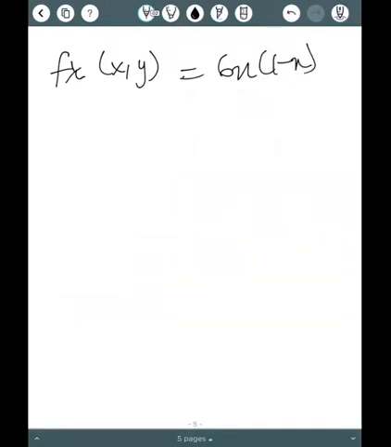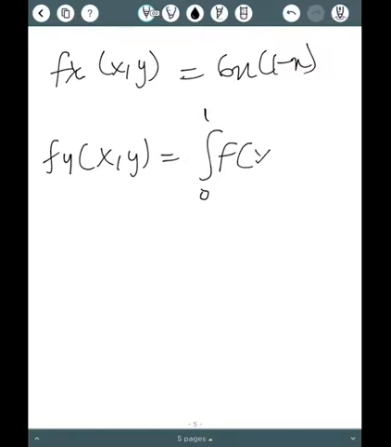Then likewise हमने marginal distribution of y निकालना है, तो उसमें बस ये फर्क होगा कि because you just need the marginal distribution with respect to y, you'll be summing up all the x's. So basically this will be your joint distribution summed up over all the x's, that is integrating it over 0 and 1, but with respect to dx this time, right?